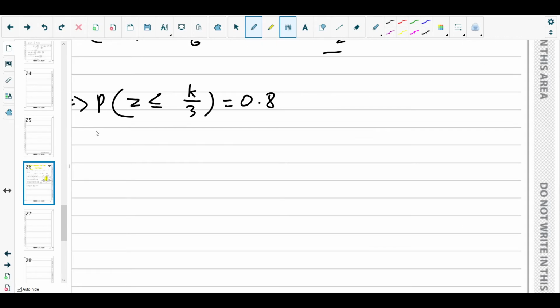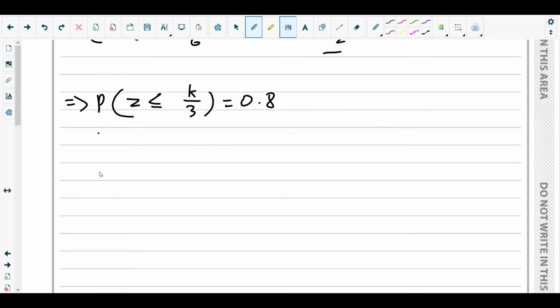So here we can write Z equals 0.84, or you can use your calculator. If you have a ClassWiz fx-991EX calculator, go to Mode, press 7, and then press 3, which is the inverse normal.